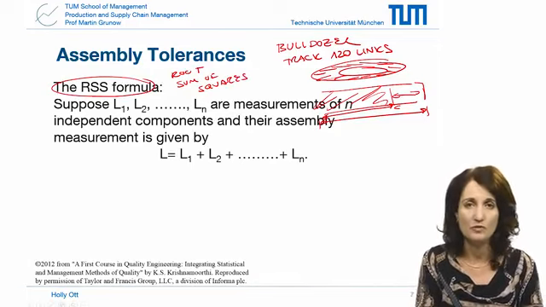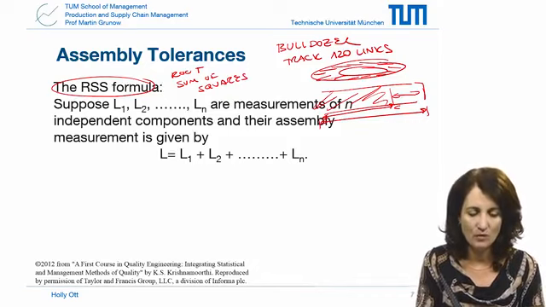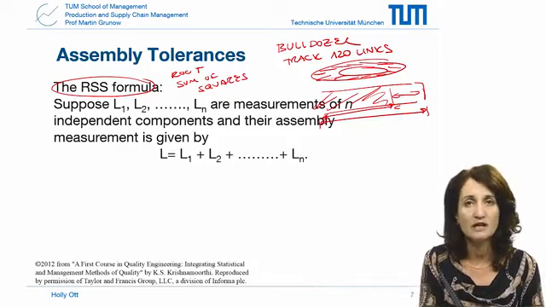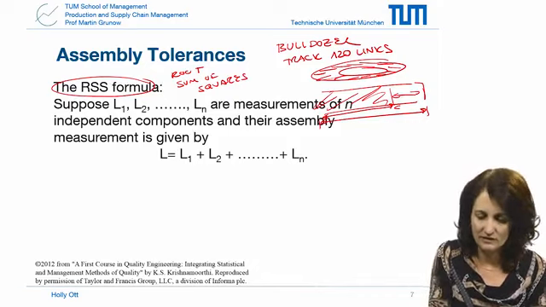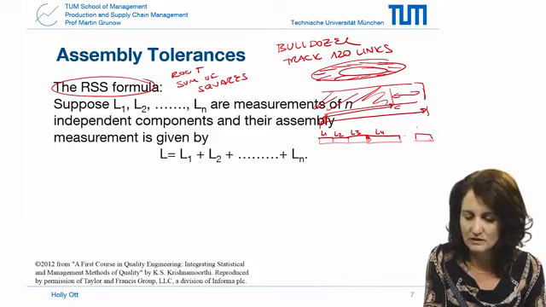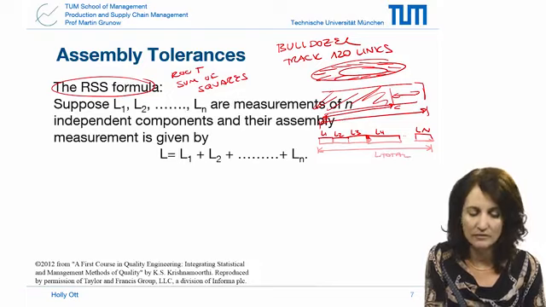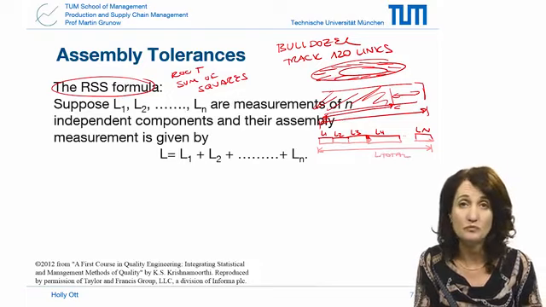So suppose we have L1, L2, L3 up to Ln. I have to draw this again here. We have components like this, different lengths maybe, L1, L2, L3, L4. And we're interested then in the tolerance of the overall L. I'm writing here L total.